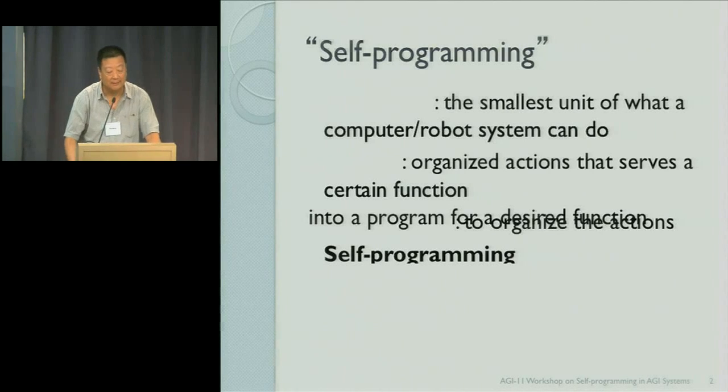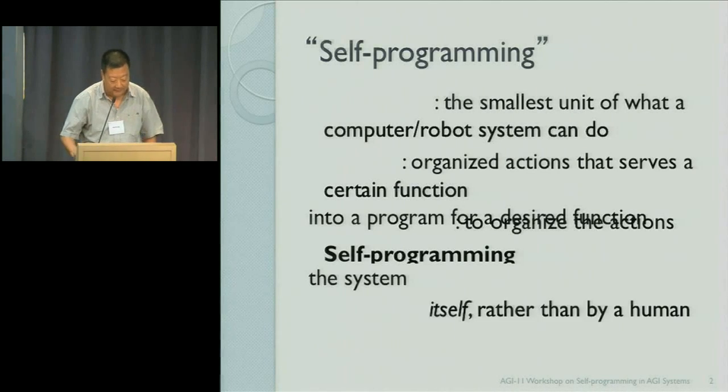Programming is the process of putting the actions into programs. Then, what is self-programming? Self-programming is to do this process not by a human programmer, but by the computer itself. To me, that's a common sense understanding of what self-programming means.